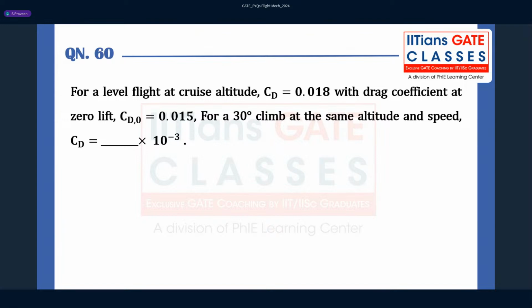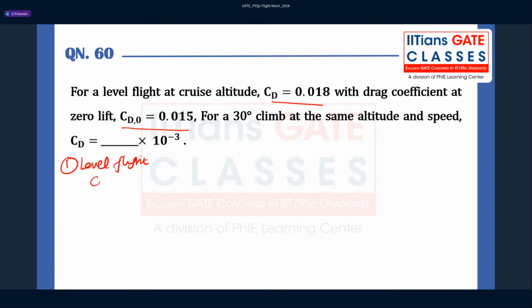Right. Take this problem. For a level flight at cruise altitude, CD equal to 0.018 with a drag coefficient at zero lift, CD naught 0.015. For a 30-degree climb at the same altitude and speed, CD equal to dash. So let's do this. So we have two cases, okay, for level flight. I can write that down. Level flight.